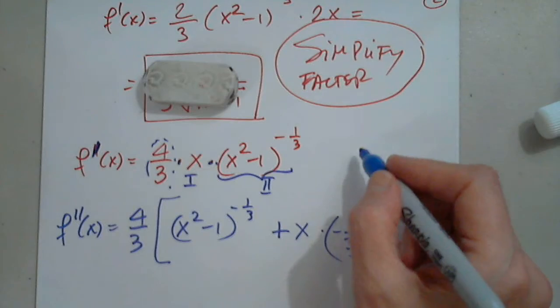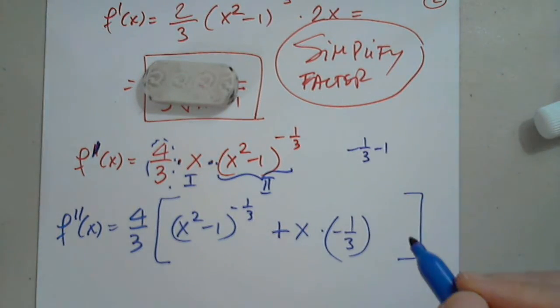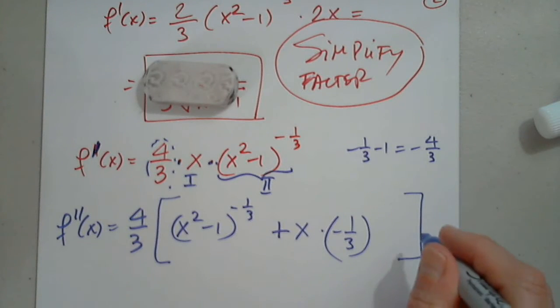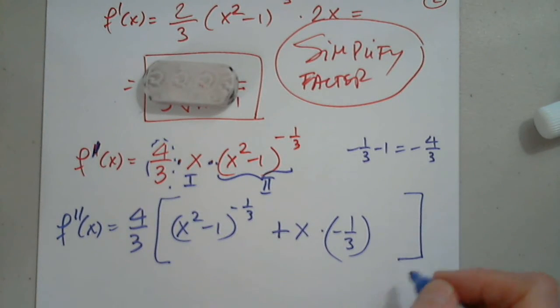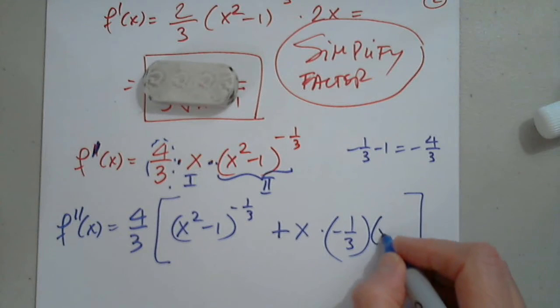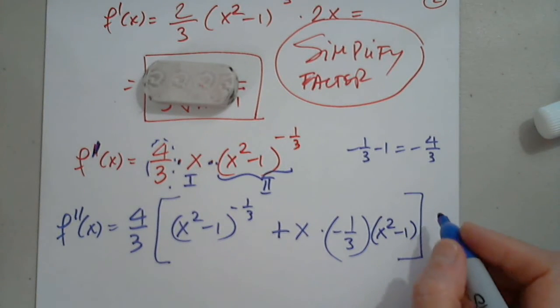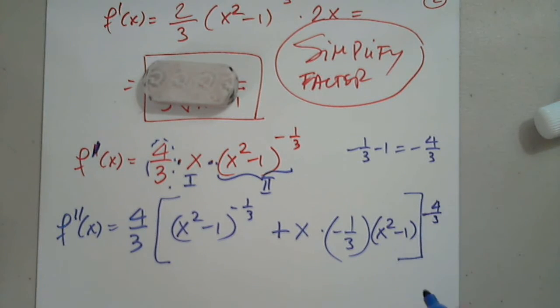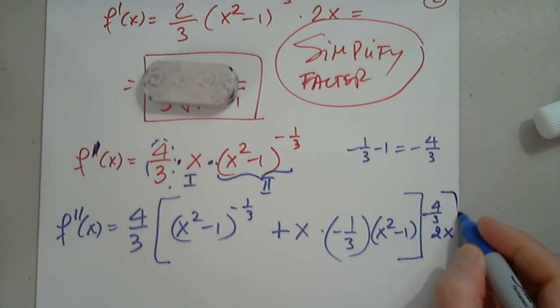Multiply this by negative 1/3 and minus 1, which is negative 4/3. I rushed to present this bracket. I need more room. So this is x squared minus 1. I'm going to replace it with negative 4/3 times the inner function prime. And then the bracket.